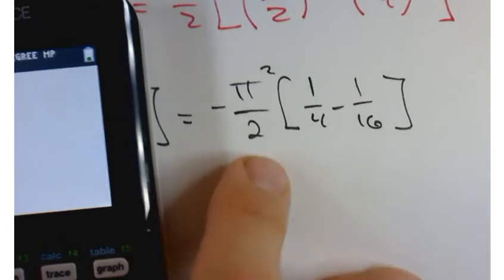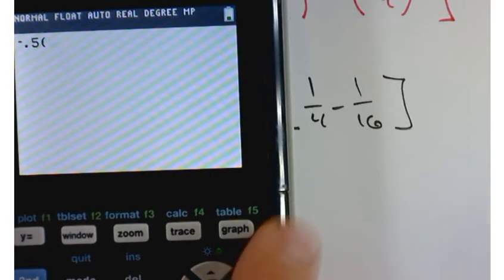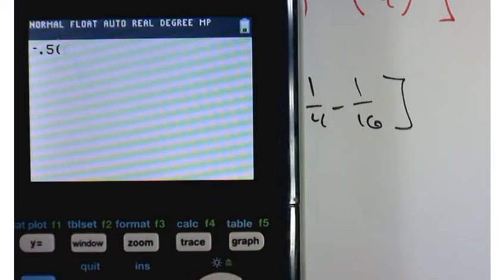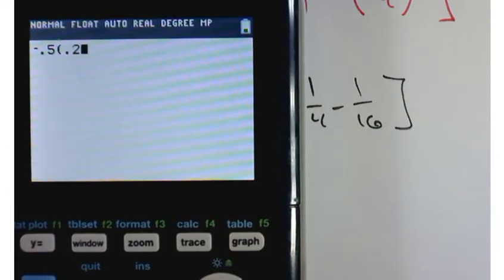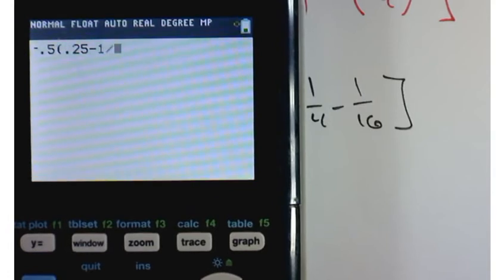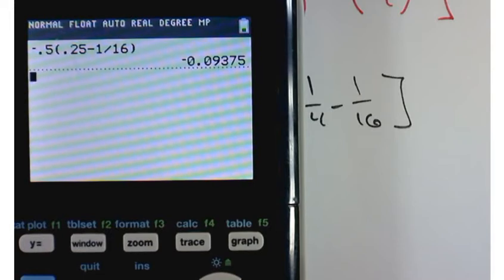Let's take 1/2, which I'll write as 0.5, or you can write negative 1/2. Negative 0.5 times, parentheses, what's 1/4 as a decimal? 0.25 minus 1/16.